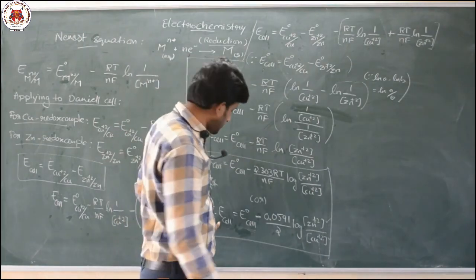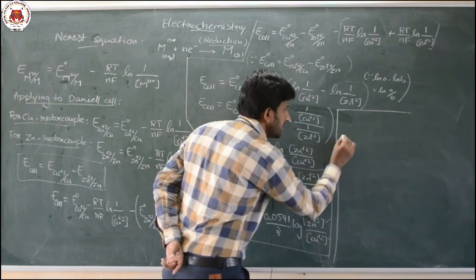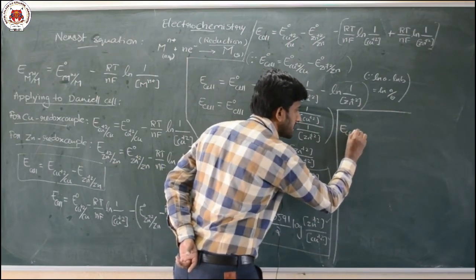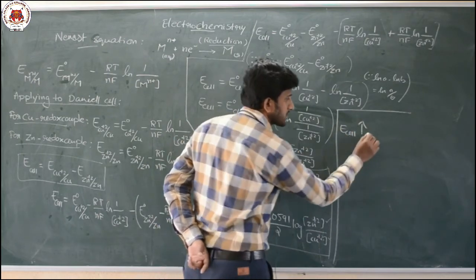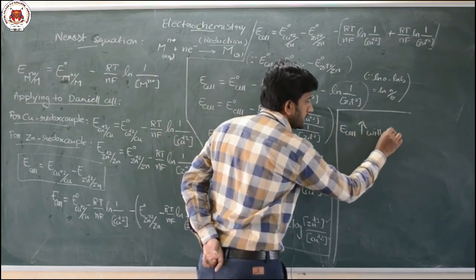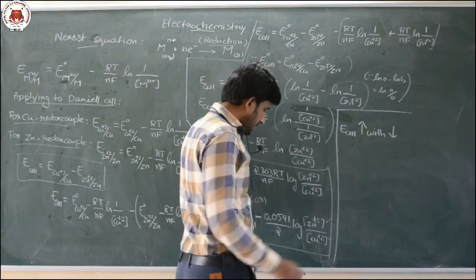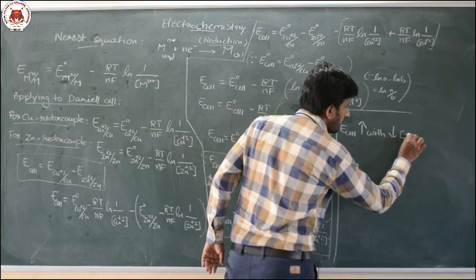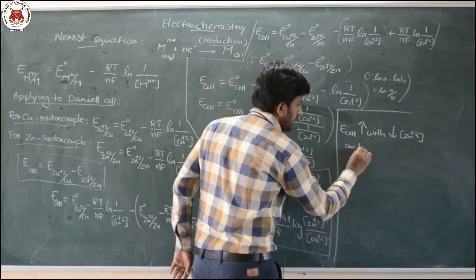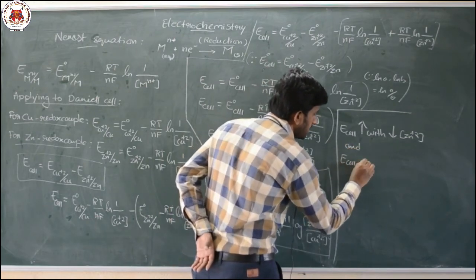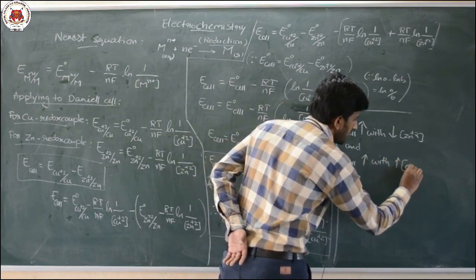In turn, I can say that the EMF of the Daniell cell increases with decrease in the concentration of Zn plus 2 ions, and increases with increase in the concentration of copper plus 2 ions.